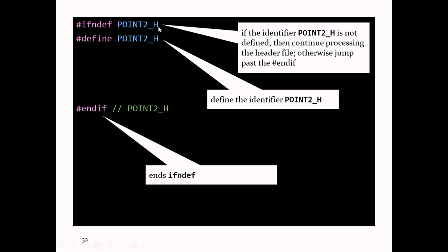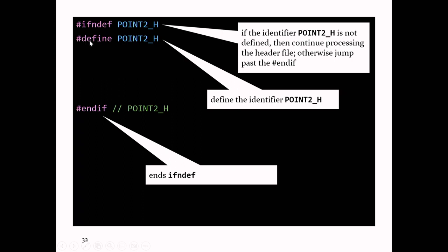If .2h is not defined, in other words, if this is the first time that the preprocessor sees .2h, then everything from ifndef to endif will actually occur. So if the preprocessor has not seen .2h yet, then the rest of this will happen.